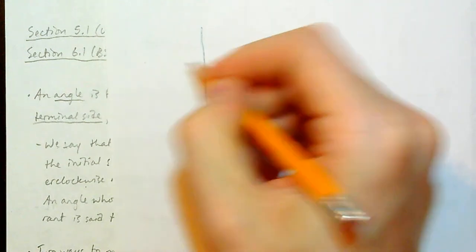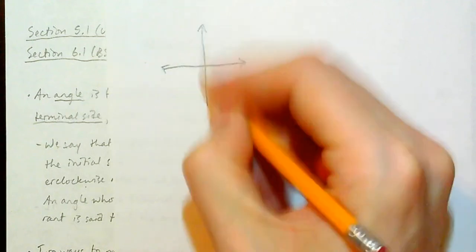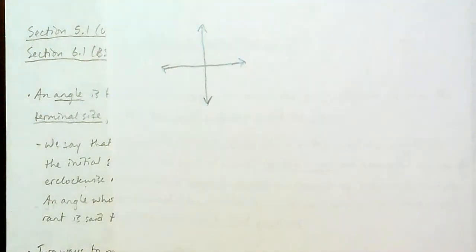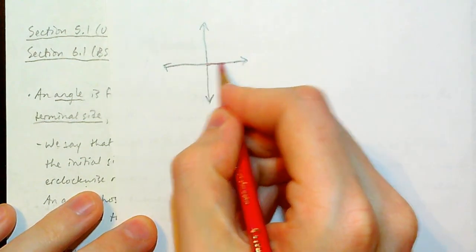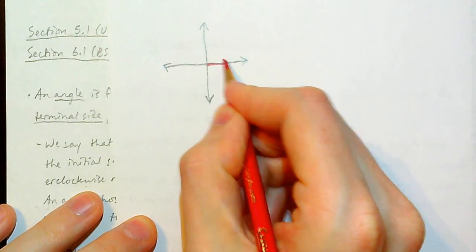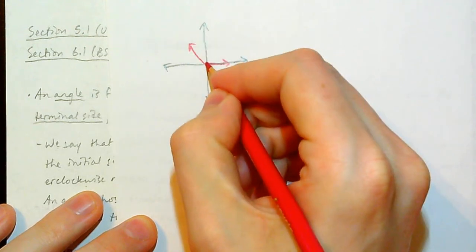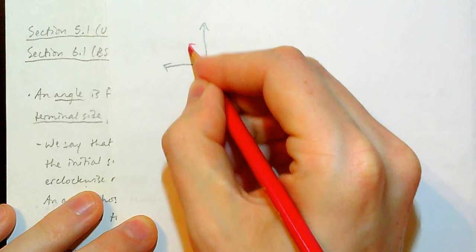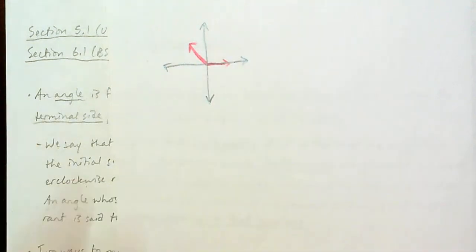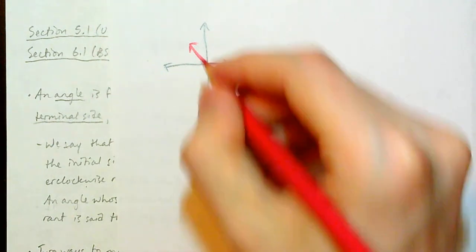So as I sketch my coordinate plane here, and my angle in red here, this would be an example of an angle here that's in red. This is an example of an angle that is in standard position.